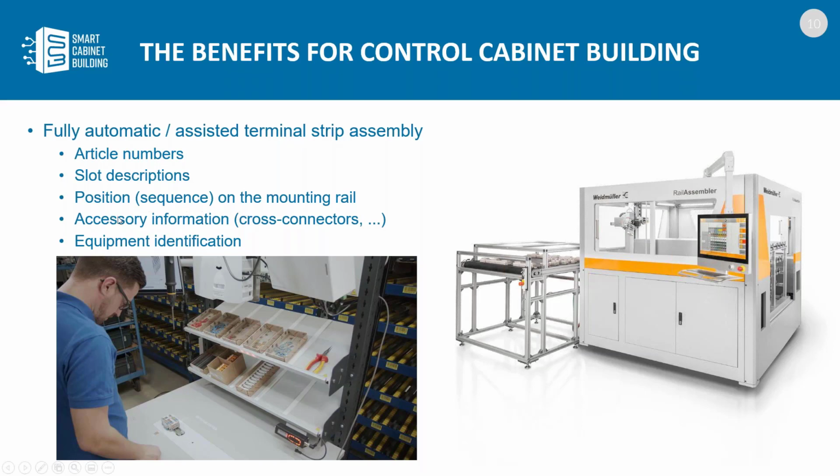You need some accessory information about cross connectors and so on, then to assemble, and maybe some identification for the device designation of this terminal rail to print a label that you need in the further step where to place it, how to identify.